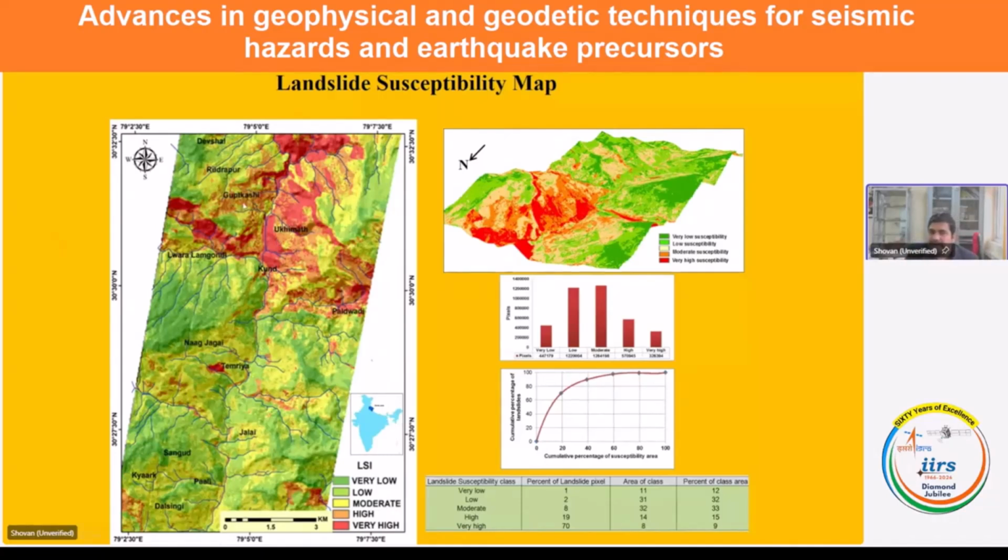So that's why they are given a red color. And the congregation of these red pixels gives me a red zone. That's how we know that this area is landslide prone.